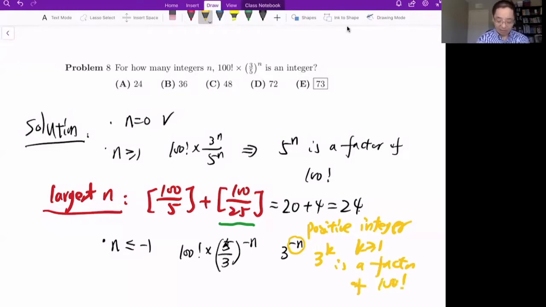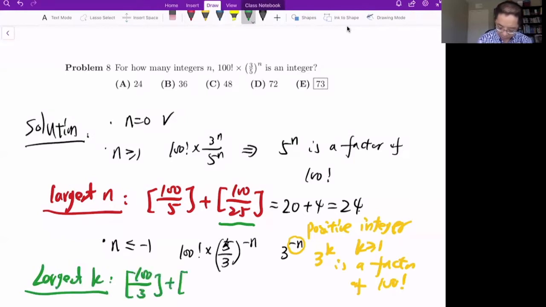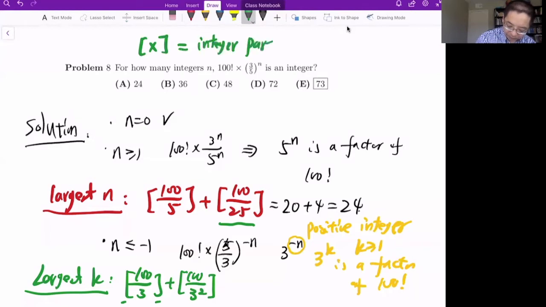All right, so then we just apply the same formula. Let me put the largest k. That will be 100 divided by 3, and then 100 divided by 3 squared. This notation means the integer part of x, in other words, the largest integer that is no greater than x.